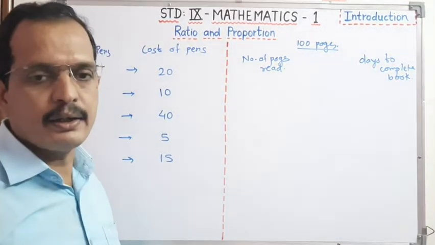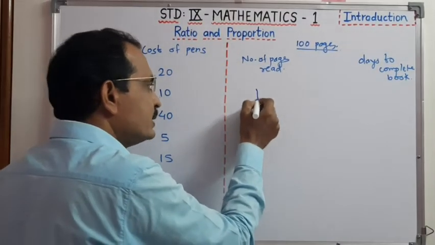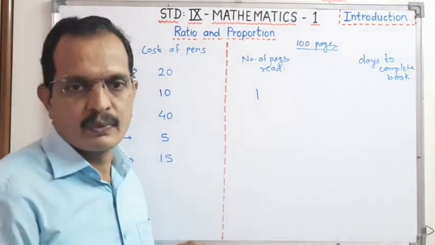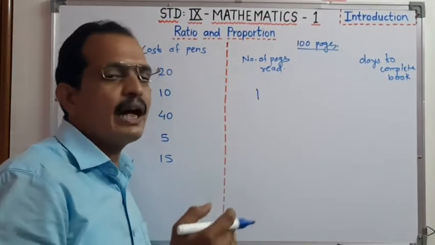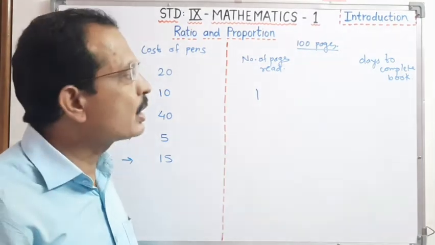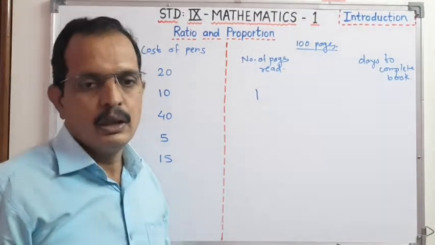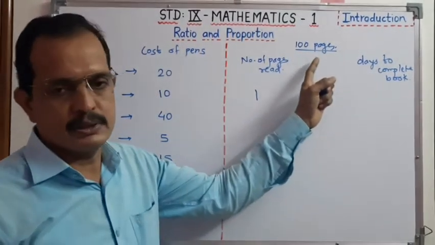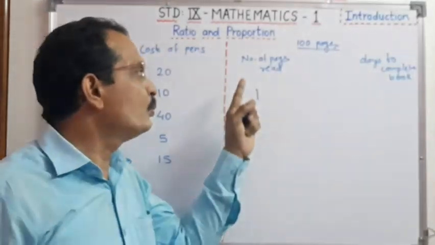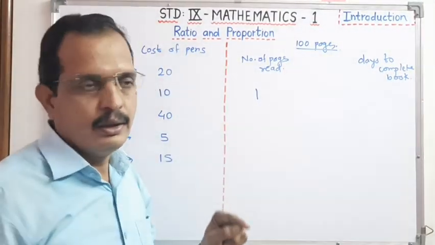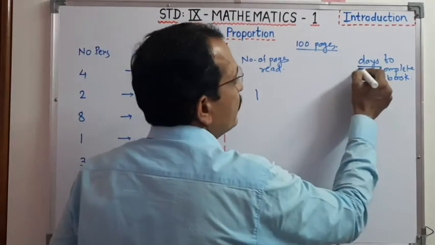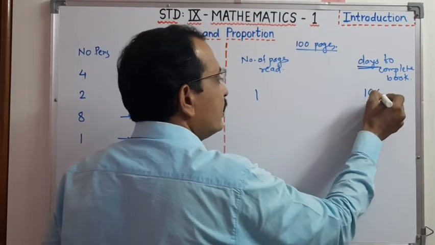Suppose I read 1 page per day, then how many days will I take to complete that book? The book has 100 pages. I read 1 page every day. Then how many days will be required? It requires 100 days.